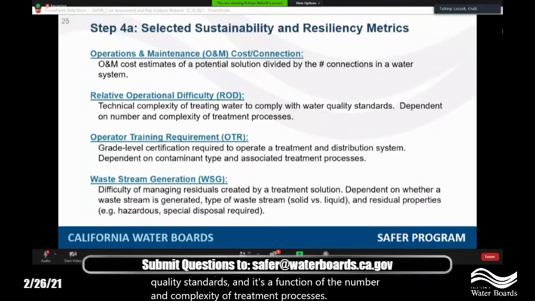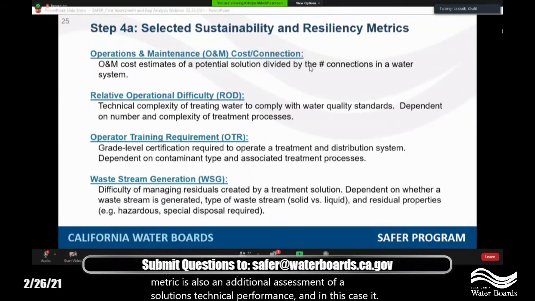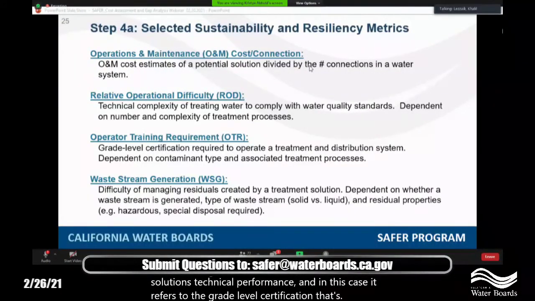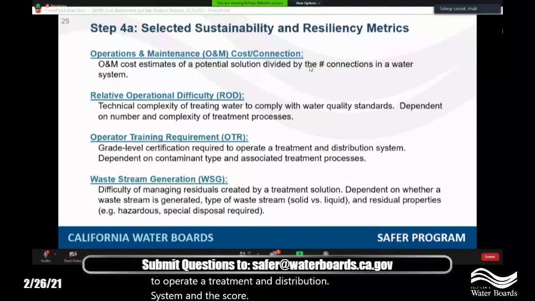The third metric is the operator training requirement. This metric is also an additional assessment of a solution's technical performance. And in this case, it refers to the grade level certification that's required to operate a treatment and distribution system. And the score of this metric is dependent on the contaminant type and also on the processes that are involved in it.